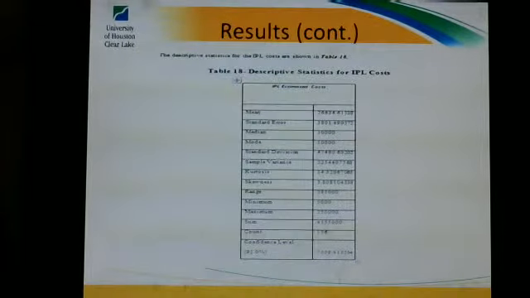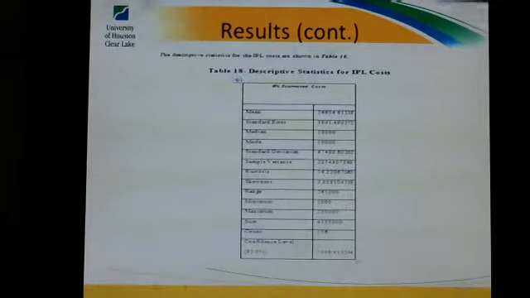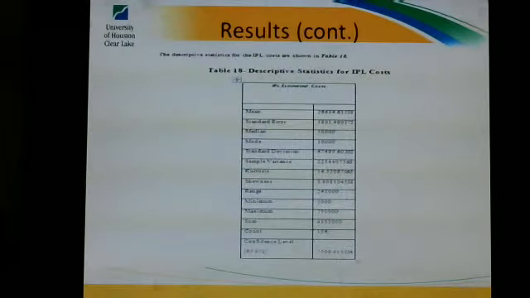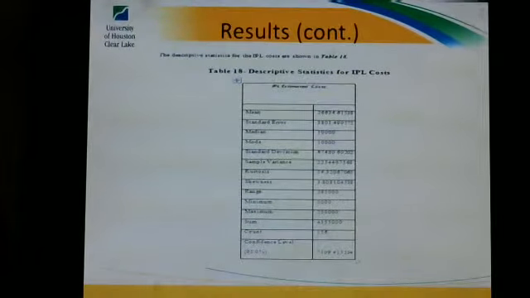So here's the descriptive statistics for the IPL costs, which are shown on table 18. As you can see, the average value for the IPL costs came out to about $26,634. So that meant for each device that was used to close a gap in the amount of risk reduction, the average price was around $26,000 to close that gap.